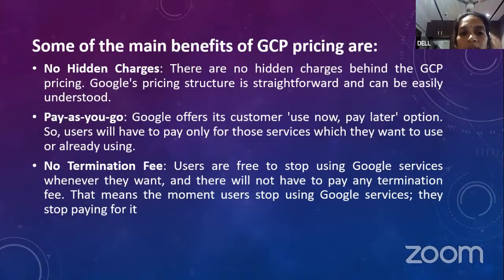Pay as you go means Google offers use now, pay later. How much you use Google Cloud services, you pay that much only. There is no termination fee. At last, if you later don't want to use any Google Cloud services, Google will not charge any termination fee, so you can easily quit the Google Cloud.